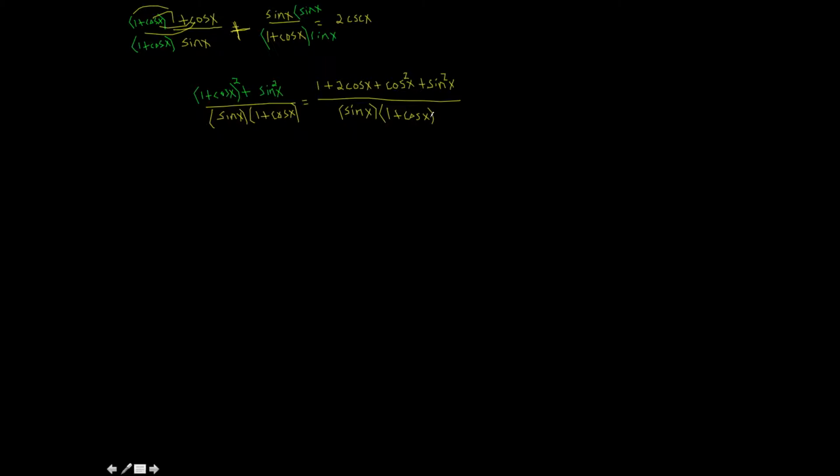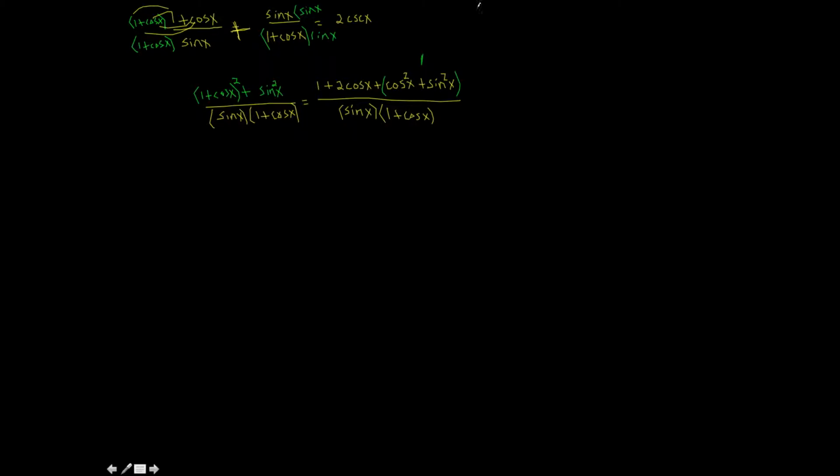Okay? So the first thing I notice at this point, and hopefully you're beginning to notice these kinds of things, is this right here: cosine squared x plus sine squared x, which is one of our fundamental identities. We know it's 1.